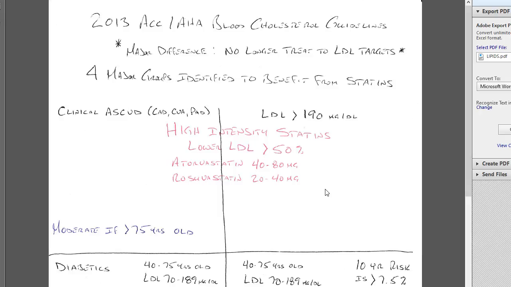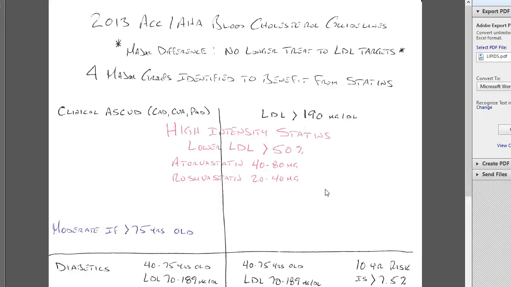This is what you see primarily in practice. And it goes against ATP3 guidelines to a degree. ATP3 guidelines came out end of 2002, early 2003, I believe. So they're dated. They're over a decade old.